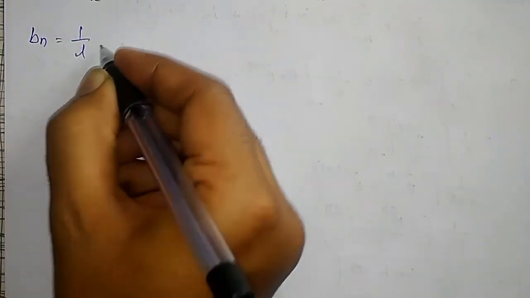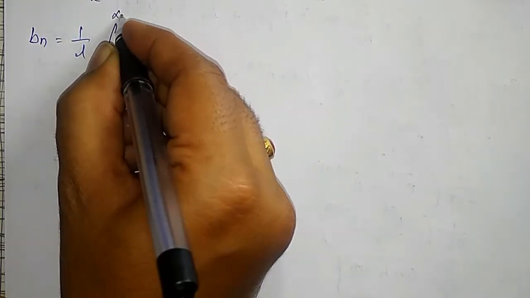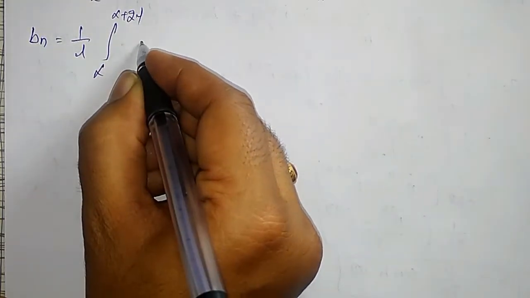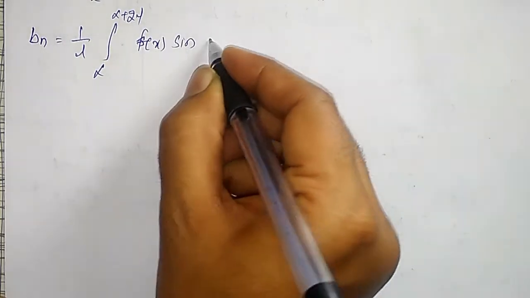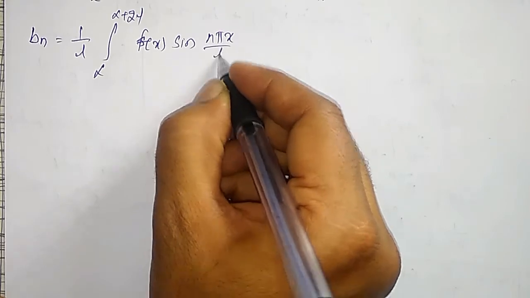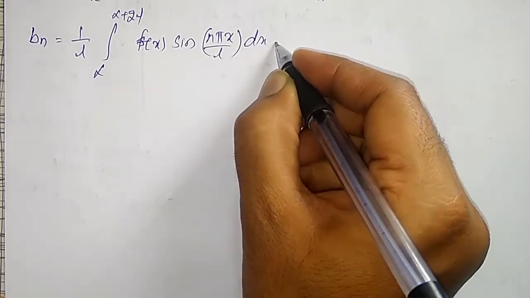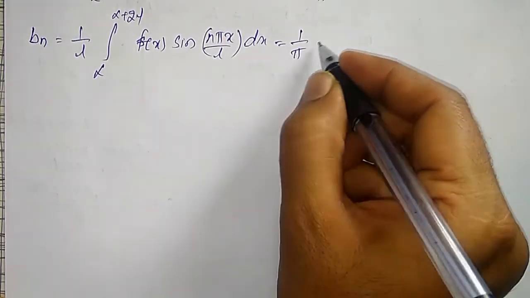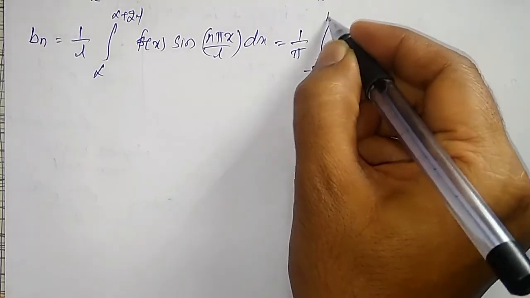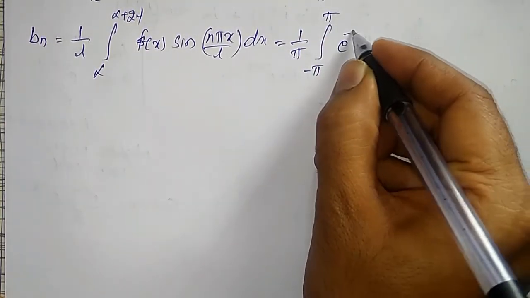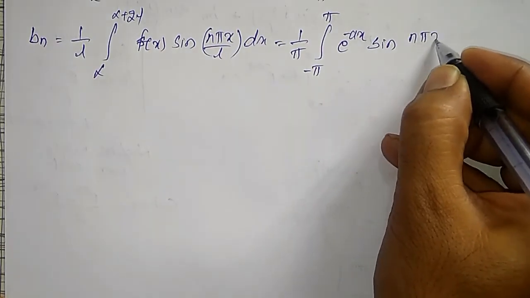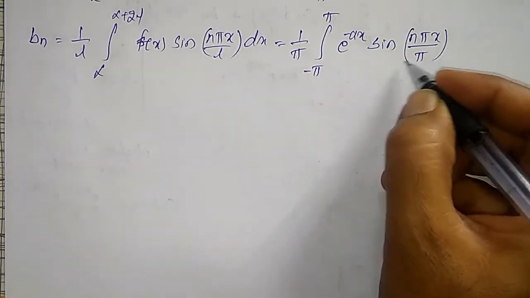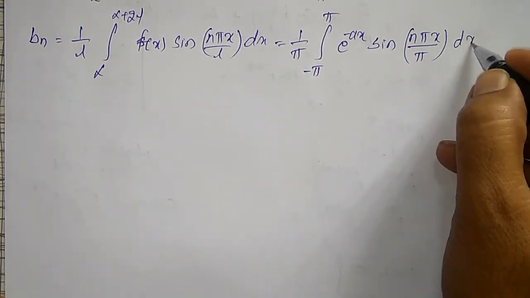Fourier coefficient b n is defined as 1 by L integration from alpha to alpha plus 2L of f of x into sine n pi x by L into dx, which is 1 by pi integration from minus pi to plus pi, f of x is e to the power minus ax into sine n pi x divided by pi, L is again pi, therefore into dx.